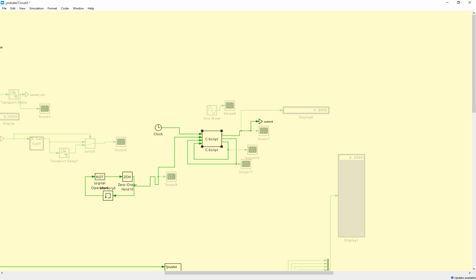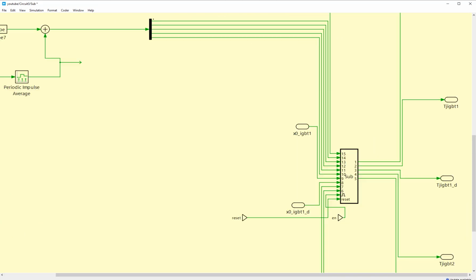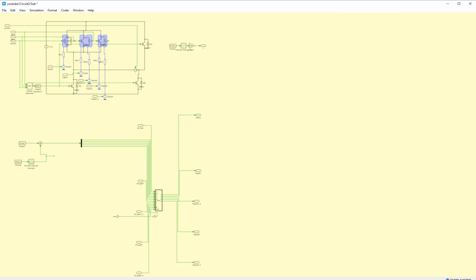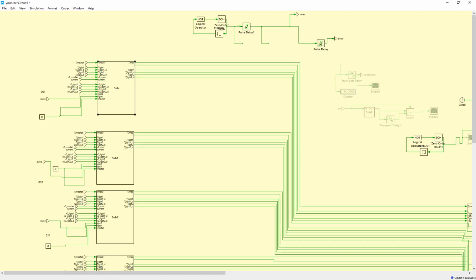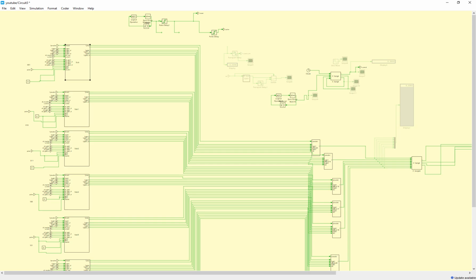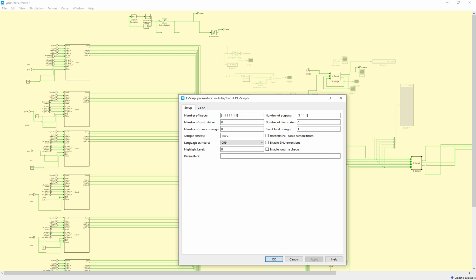But the problem is with the timing, because for each model, you get the power losses here instantaneously, and then you also calculate the temperatures and everything here, and then they're all fed into this cost function and C script. So in order to speed up the simulation, we need to run this C code not continuously, but for discrete samples of 2 times the switching period.